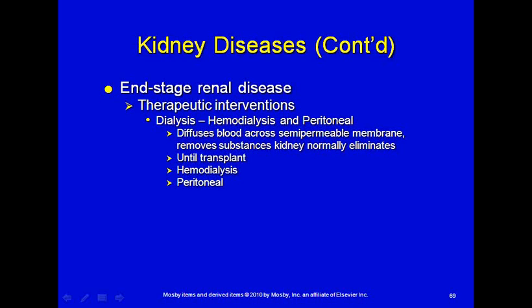Dialysis diffuses blood across a semi-permeable membrane, and in doing so removes substances that the kidney normally would get rid of, and they can do dialysis until the patient is able to receive a kidney transplant, or they can continue hemodialysis or peritoneal dialysis.